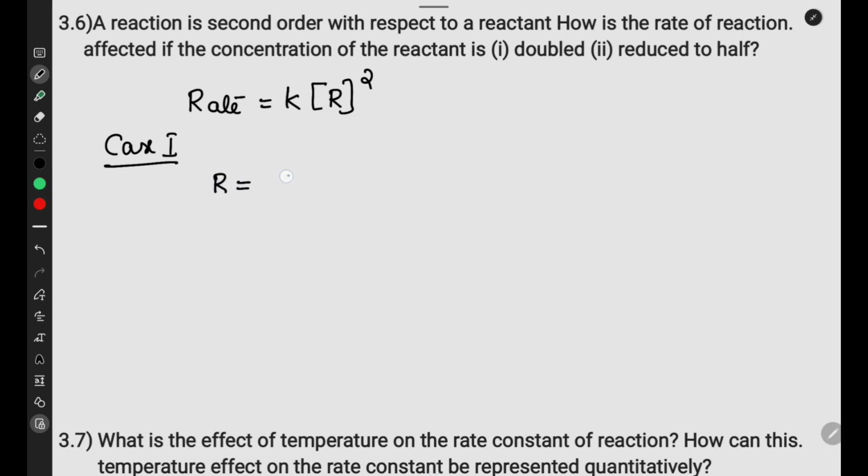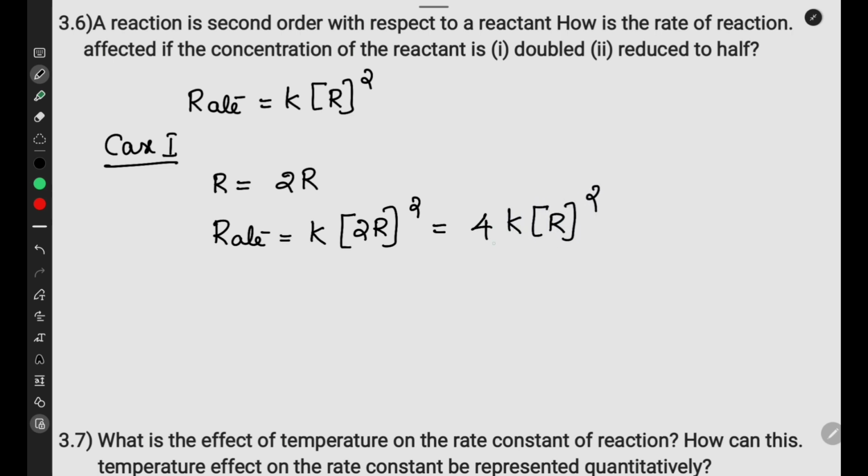Then when R becomes 2R, rate is equal to K into concentration of 2R the whole square, that is 4K into concentration of R square. That is, rate becomes 4 times of initial rate.